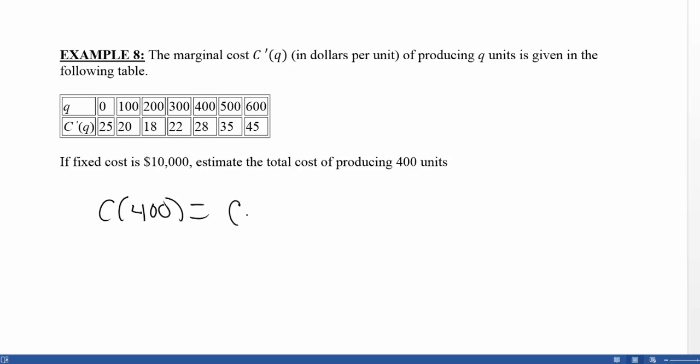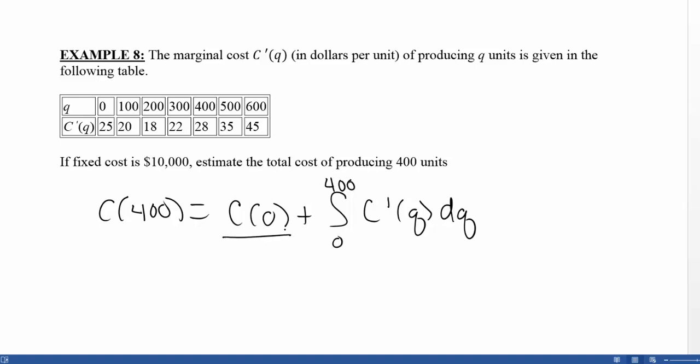Using the fundamental theorem, we know that that's the fixed cost plus the variable cost, which is the integral from 0 to 400 of the marginal cost. We know that the fixed cost is $10,000. In order to get the area under the curve, we're going to have to do an approximation. So we're going to do a left-hand and a right-hand approximation in order to get the best approximation.